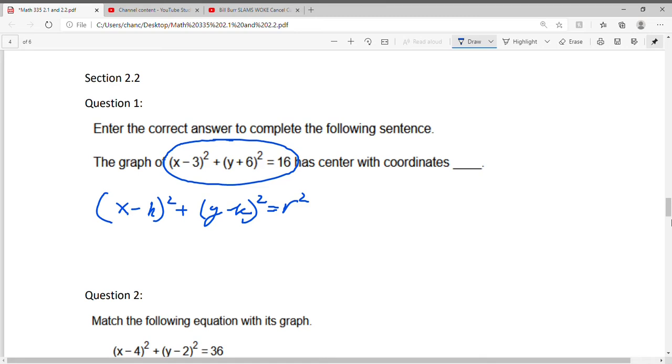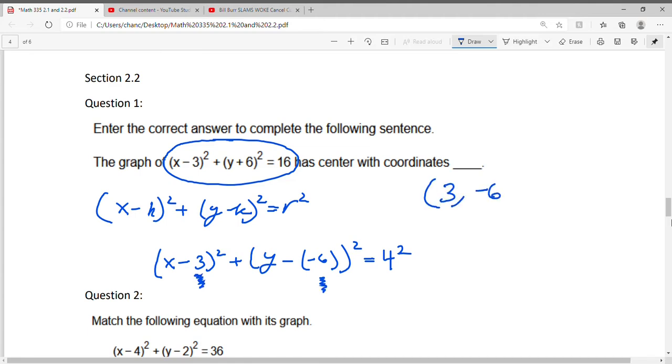We can write this as (x − 3)² + (y − (−6))² = 4². And now we can read the center. The center is going to be (3, −6), and our radius is going to be 4.